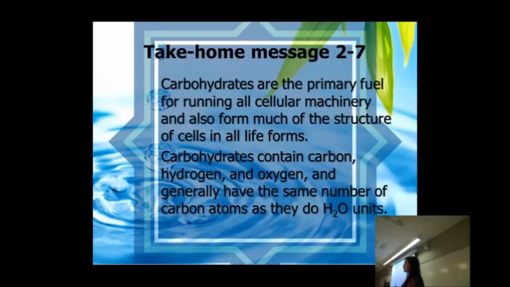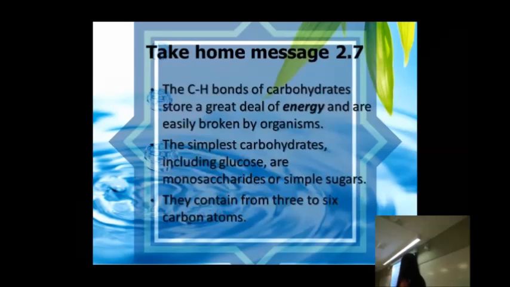So they make the structure of what our bodies are and the way that we function, and that they have carbon, hydrogen, and oxygen in the same ratios as they do water units. And so the carbon and hydrogen bonds of carbohydrates are going to store a great deal of energy. They're easily broken apart by organisms.